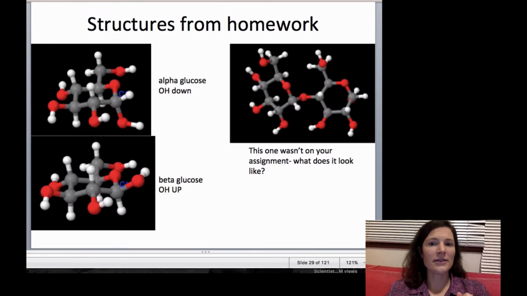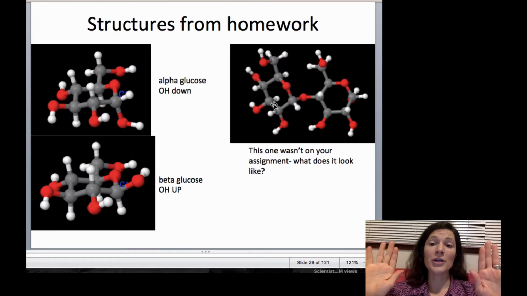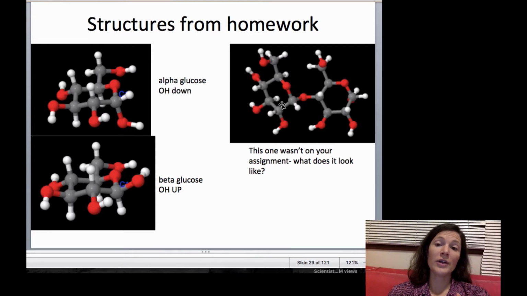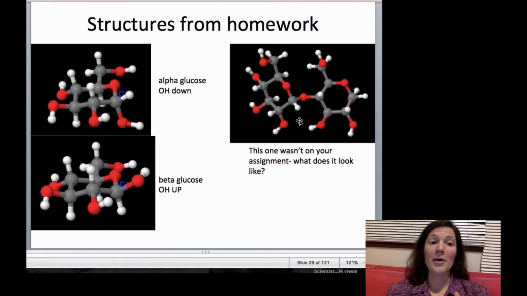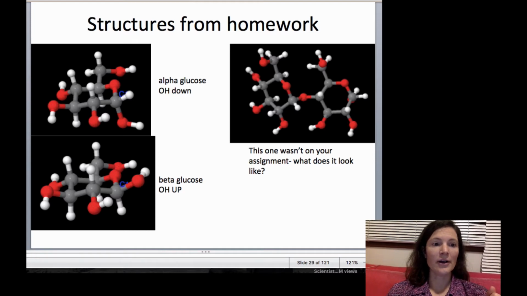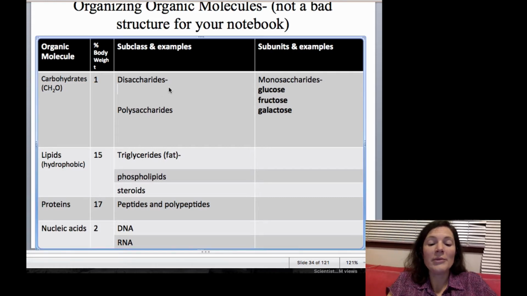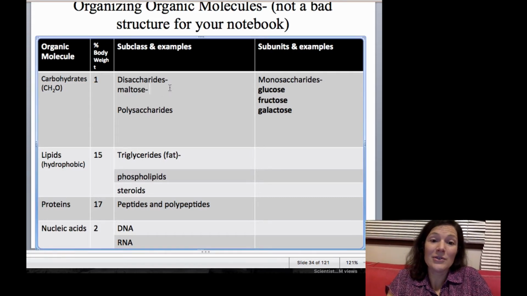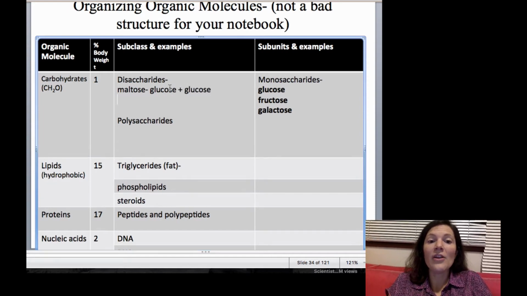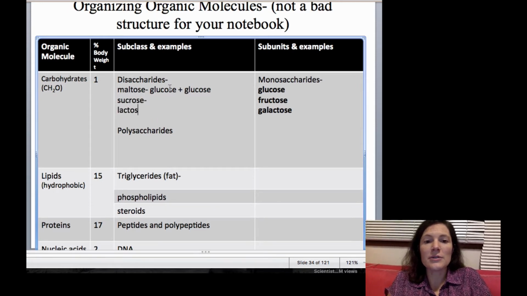In this slide, it's a good example of a condensation reaction between two monosaccharides, which will give you a disaccharide. There are just 3 disaccharides that you should have a working knowledge of. Coming back here, you can take monosaccharides, put 2 of them together, and the common disaccharides are maltose, which is just glucose and glucose, and then the other ones, sucrose and lactose.